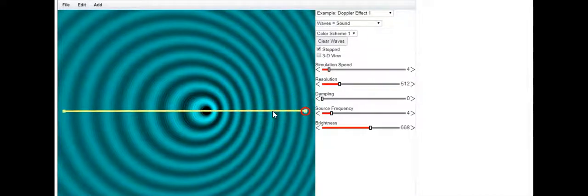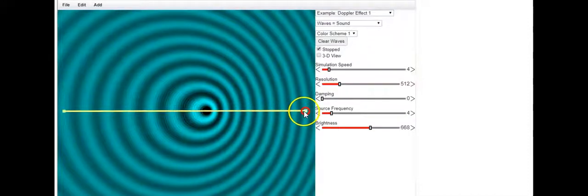So on a musical note scale that you'd find on a piano, you'd have a higher pitch. But if you were standing behind it and the source was moving away from you, then you would hear a lower pitch or a lower note on the piano. In essence, that is the Doppler effect. It's all dependent on where you're standing.